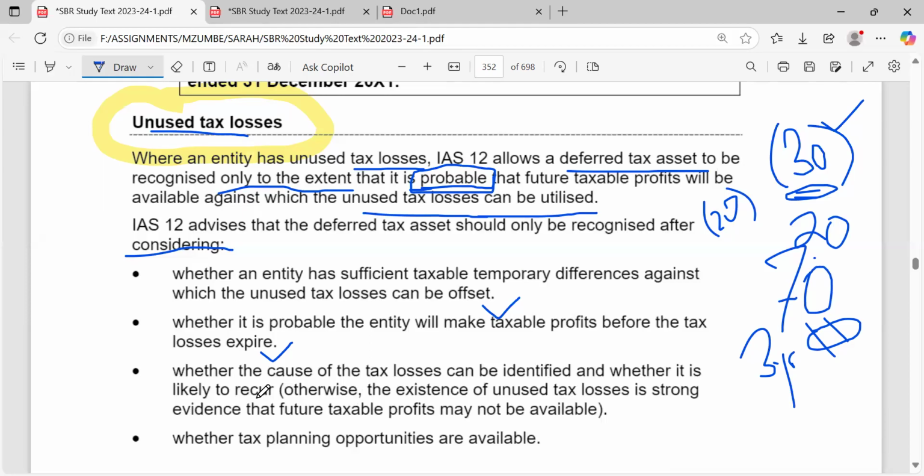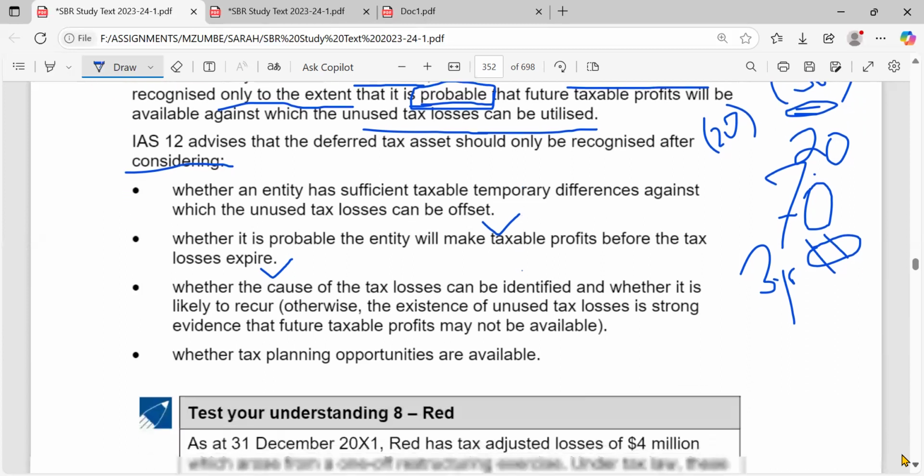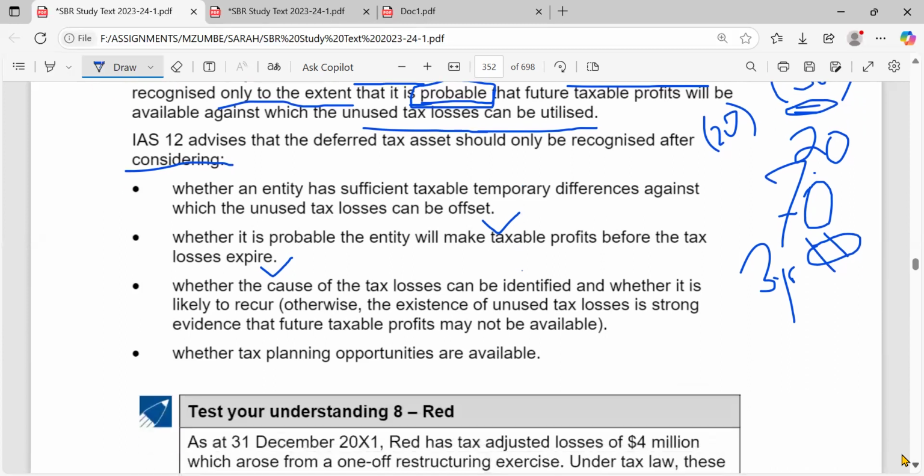It means that in case it is likely to recur, it could happen again, right? And the tax loss could end up increasing and increasing, and you would still be in problems, right? Otherwise, the existence of unused tax losses is strong evidence that future taxable profits may not be available. If you have tax losses first year, losses second year, you keep making losses, then how could you say that you could have sufficient profits in the future?